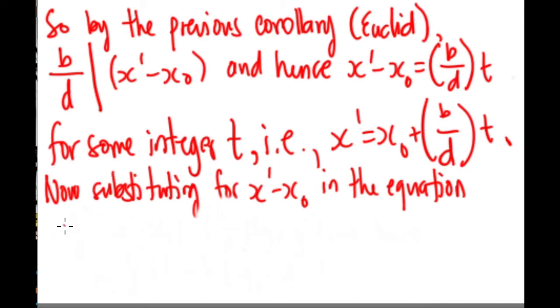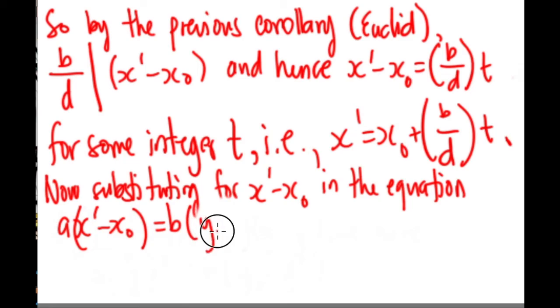So remember this equation: a times x prime minus x sub 0 equals b times y sub 0 minus y prime.